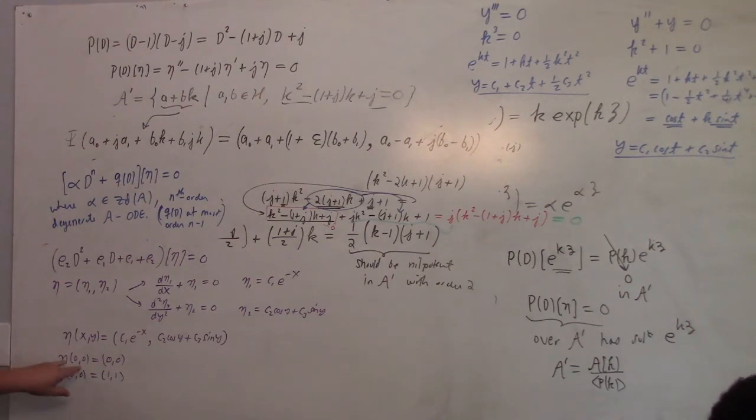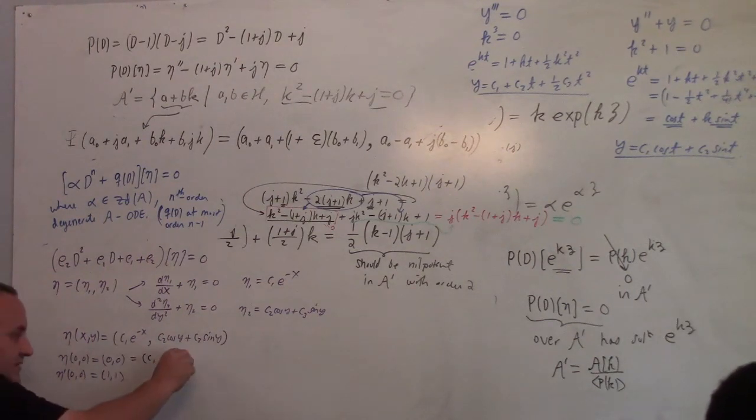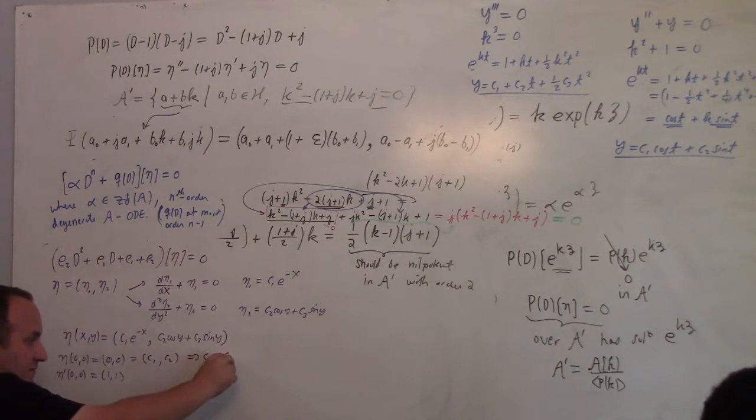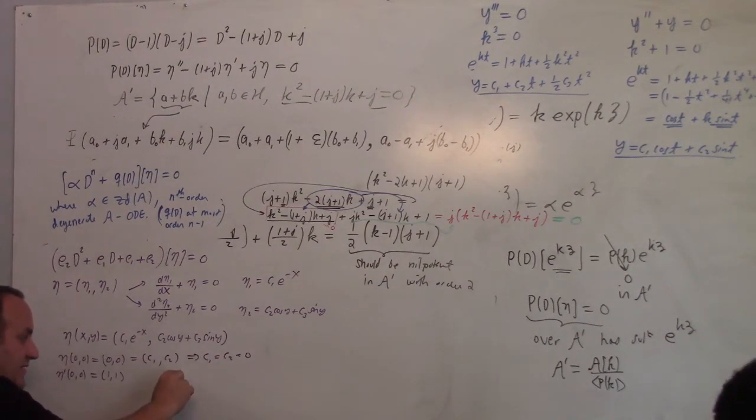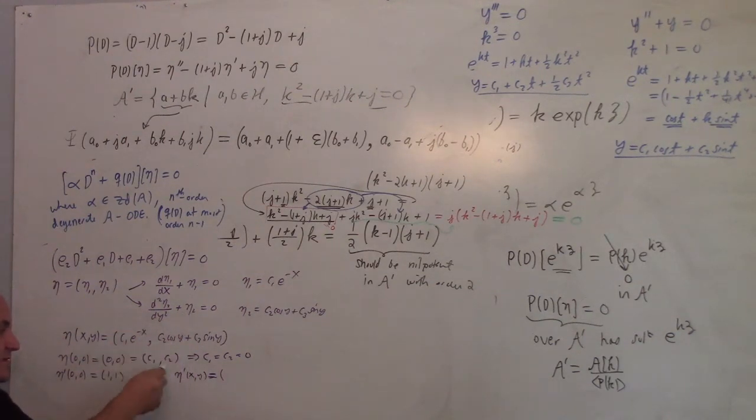What does eta of 0, 0 equal to 0, 0 tell you? It's like C1, C2, right? Yes. You plug in 0 into here. And so that implies that C1 equal to C2 equal to 0, right? So what's eta prime? Remember, we differentiate each by x and y, the direct product algebra.